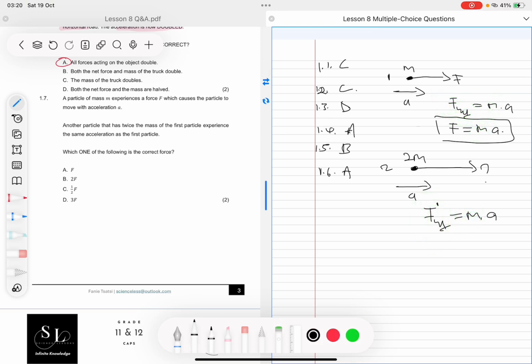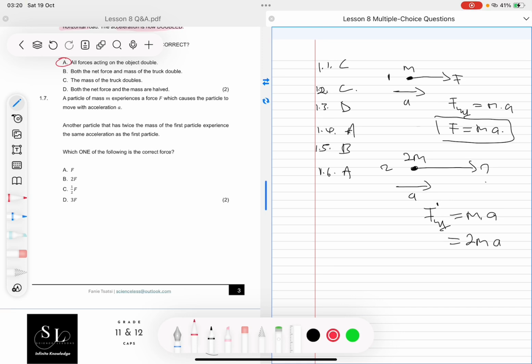So in this case, remember this is our Newton's second law. Now we are substituting in that equation. We're saying the mass now is twice m, so that we have 2m times a. The acceleration hasn't changed, it's still the same acceleration.